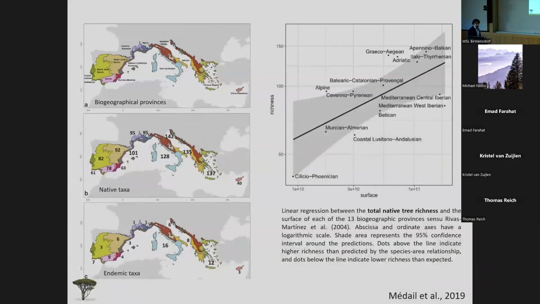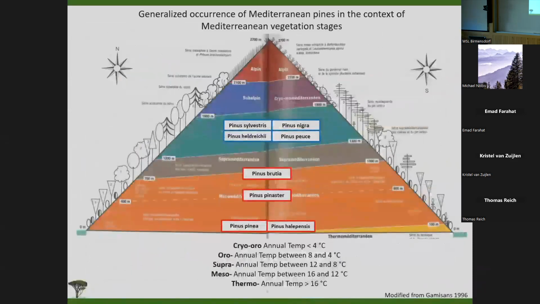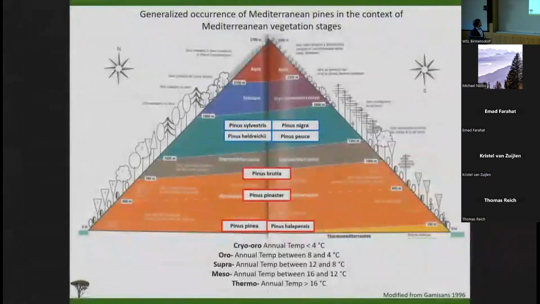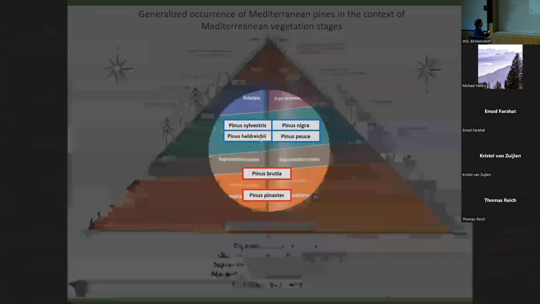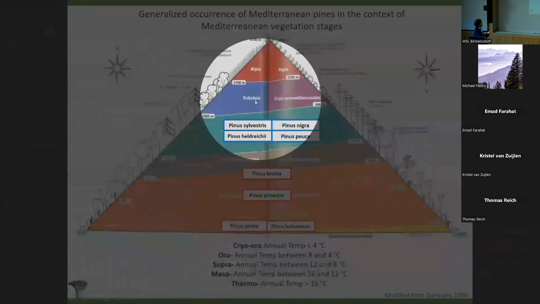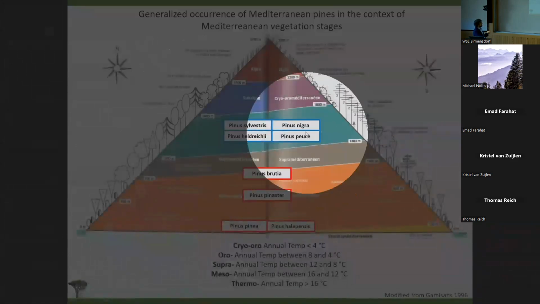So, after this brief introduction, let's dip into the pine forest, where I present you this nice scheme that I modified from a paper of 1996, taken from Corsica, if I'm not wrong, where we basically see that there are two clear patterns of pine forest in the Mediterranean.